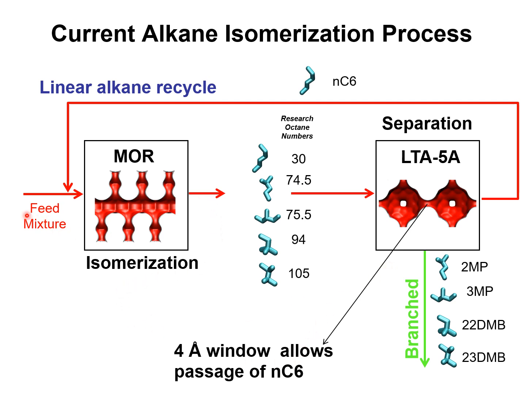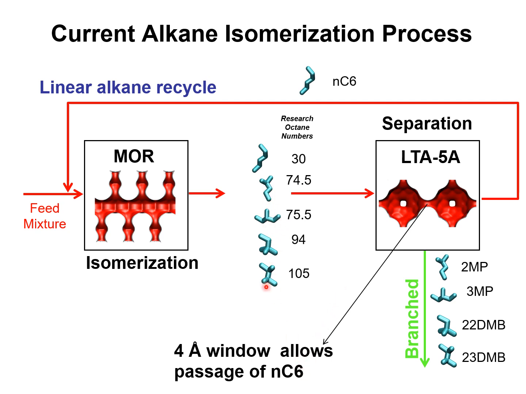It consists of a feed mixture that is isomerized in a reactor with mordenite catalyst to produce a product containing the isomers of hexane, and this mixture is sent to an adsorption unit containing 5A adsorbent that allows selective uptake only of the normal hexane isomer because of configurational considerations.